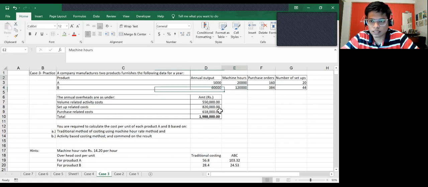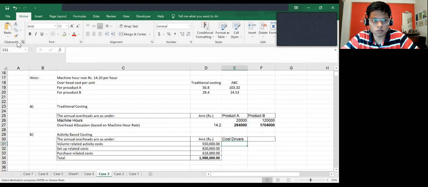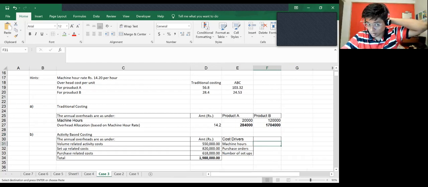I'm using machine hours for this. So what I can do directly is copy this one, go over here, paste, transpose. I've taken the cost drivers from the question and pasted them here.